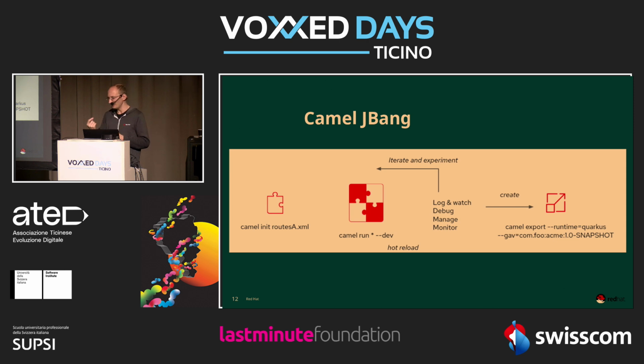So you could see that it's quick feedback around your development, a bit like the Quarkus dev approach for those who know. And then you are able to log and watch, debug, etc., do your tuning.